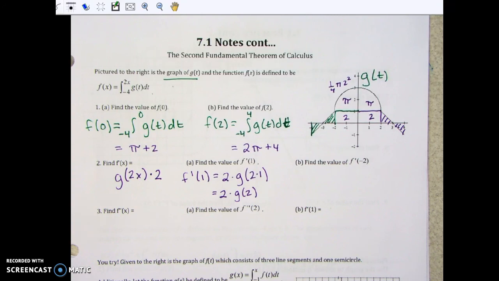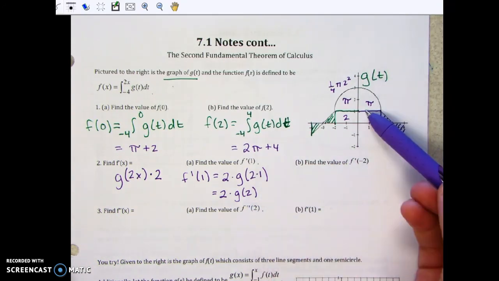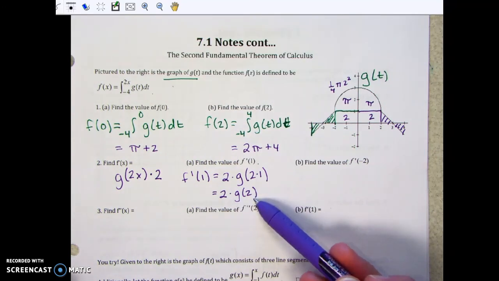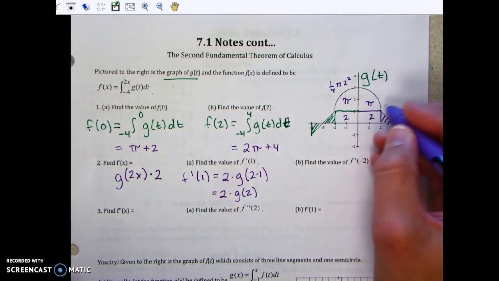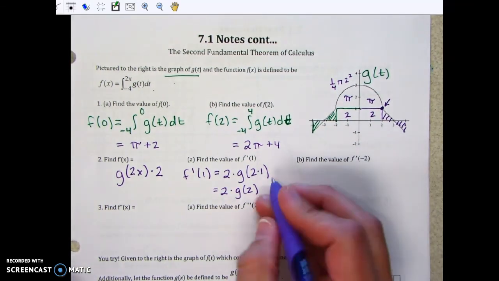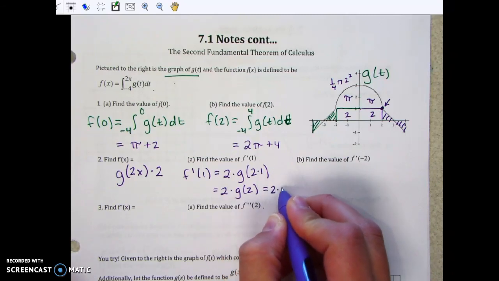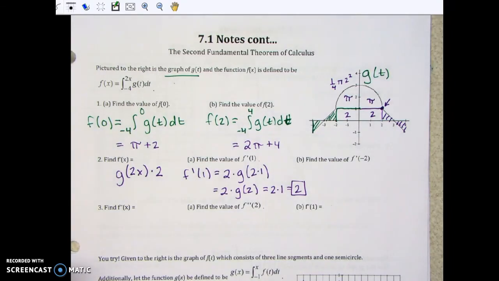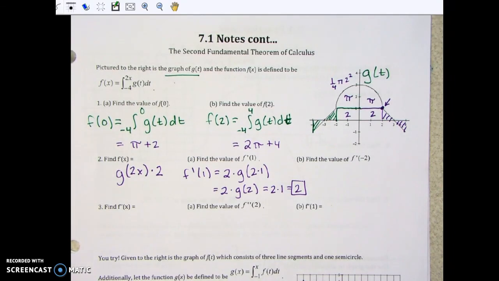What is g equal to? G is equal to the graph. So g of 2, let's see, g of 2 is this, right? The y value. So this is equal to 2 times 1, which equals 2. Isn't this fun? It's like a game. It's like a puzzle.